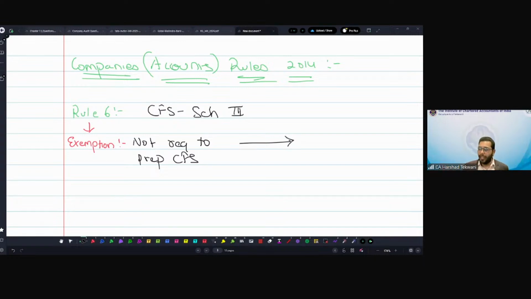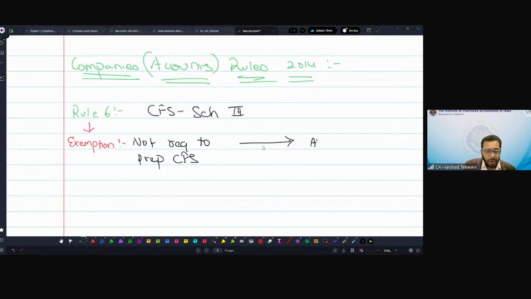I'm not just saying I have called them and let them know that we are not preparing consolidated statements. After informing, there should be a proof of delivery of the intimation, and they should not be objecting to the company not presenting the consolidated financial statement. So basically, for the subsidiary, whether wholly owned or partial, all members are intimated that we are not going to prepare CFS, and no one is objecting to that.